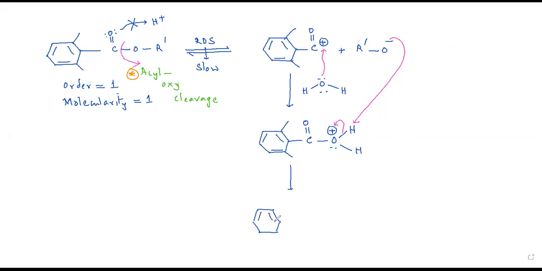So we get C double bond O, OH plus R dash OH. Okay. So in the first two cases, what we have seen till now, it is the acyl oxy cleavage.